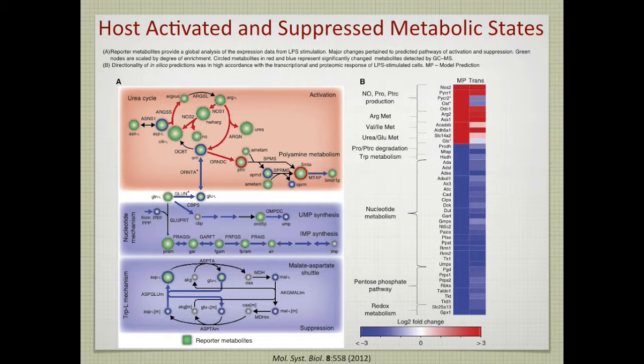The multicolored bar to the right shows the model prediction, labeled MP, versus the data, and the red ones are predicted to be activated fluxes, and the blue ones are predicted to be suppressed. This is from an experiment where a macrophage is exposed to lipopolysaccharide, which really inflames macrophages.